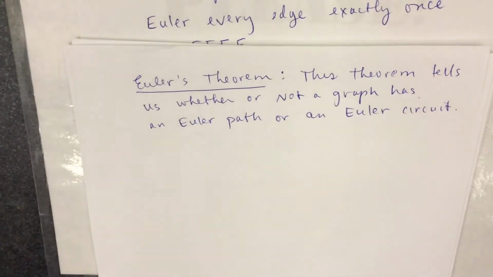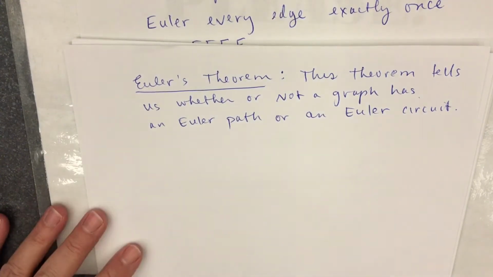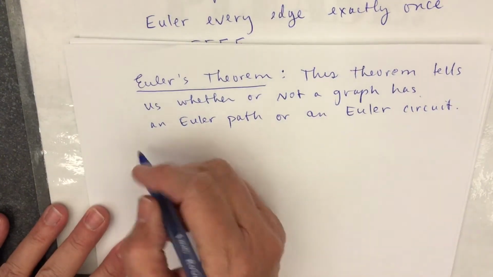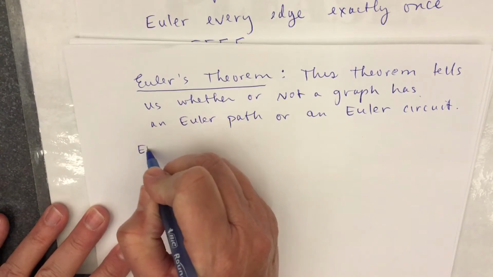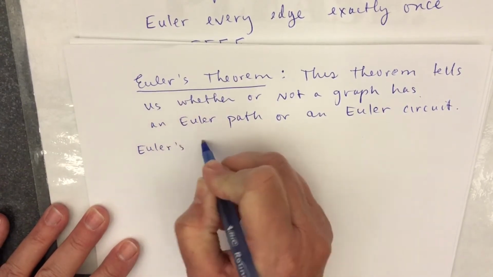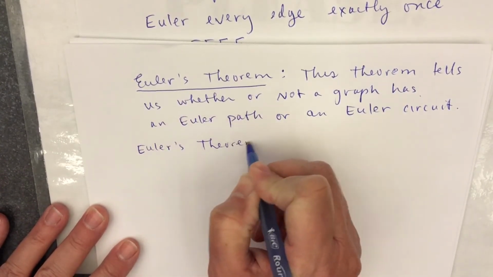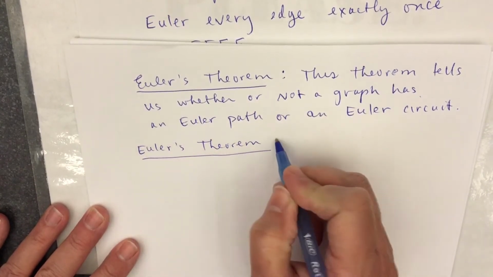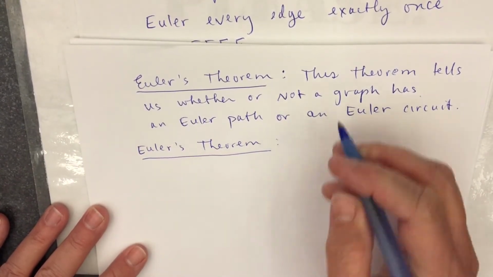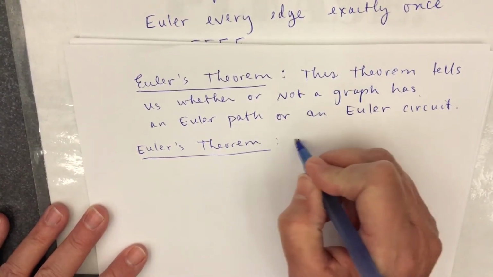Now, I started writing on this page like I was going to write the theorem, and that's what I intended to do, but there I just gave you a sentence about what the theorem tells us. So here's Euler's theorem. We have a graph.